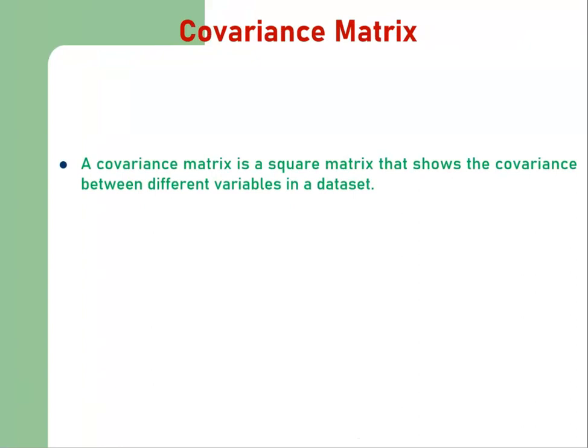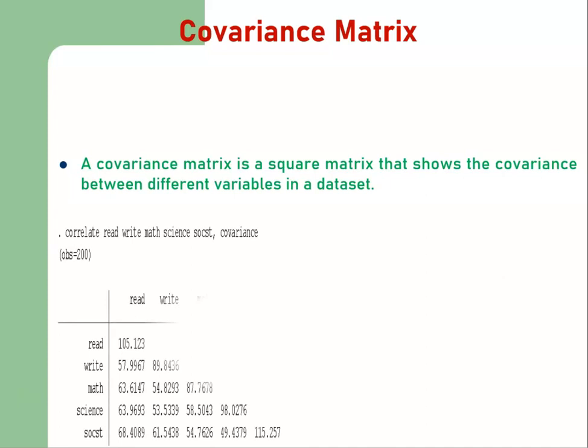After defining correlation matrix, I'm going to define the covariance matrix. It's a square matrix, and it shows the covariances between different variables in a data set. And I would like to show an example of a covariance matrix, and in this table you see these are the variances and covariances of different variables.